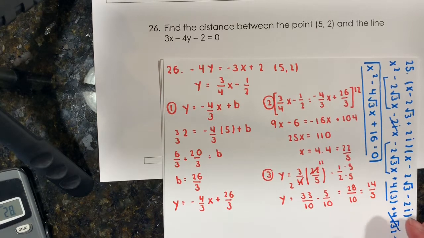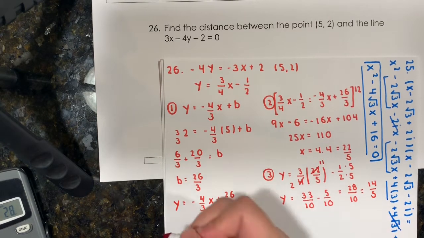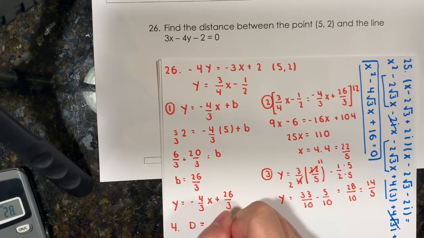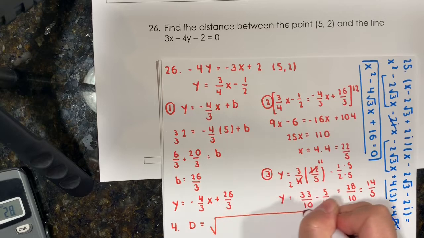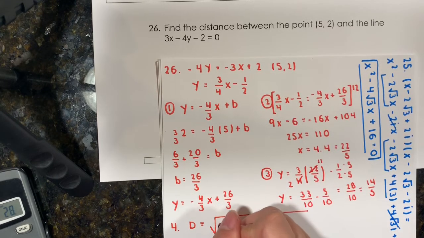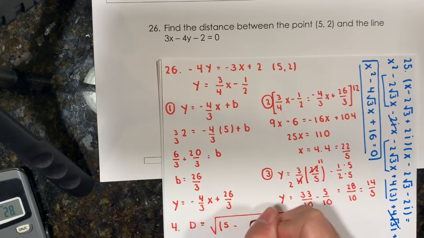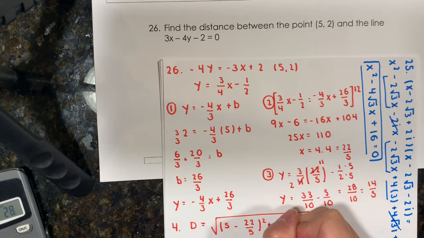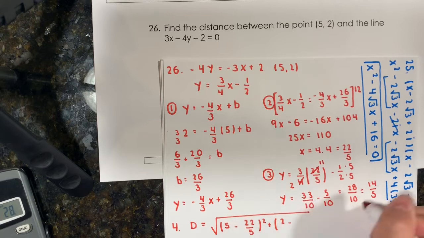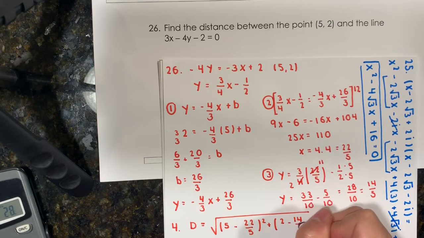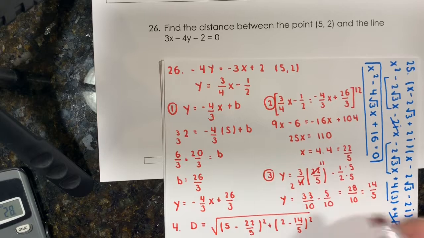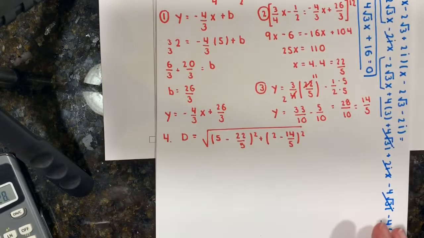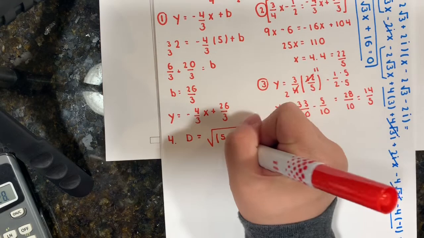Unfortunately, you're not done with this problem yet because we still have to find the distance between the point and the line. So now we have to plug this into the distance formula, which is super tedious. So it's going to be x1, which is 5, minus x2, which is 22 over 5 squared, plus y1, which is 2, minus y2, which is 14 over 5 squared. Okay, so I'm going to move everything up so you can see it a little better.